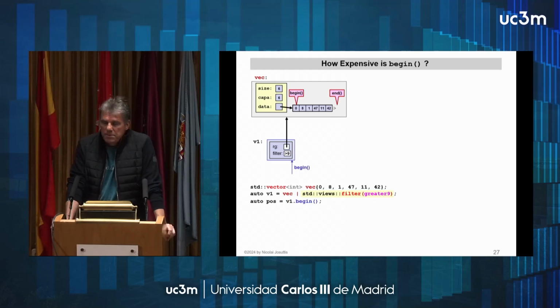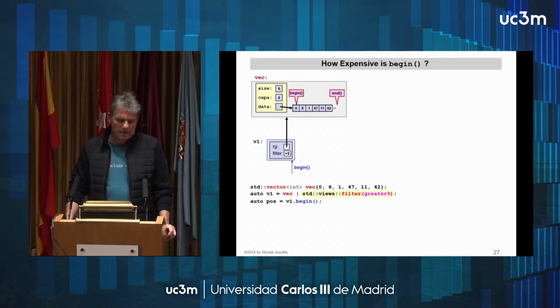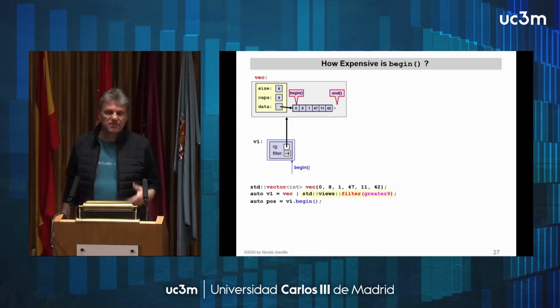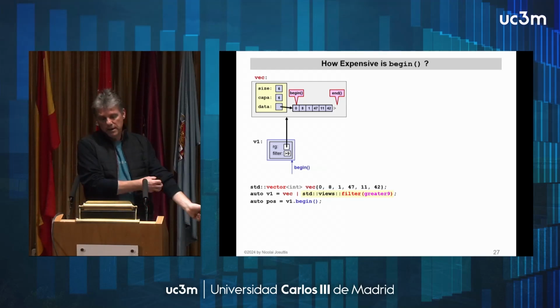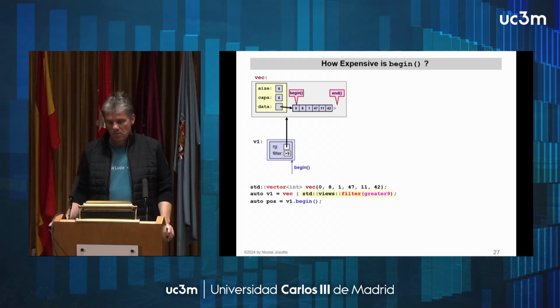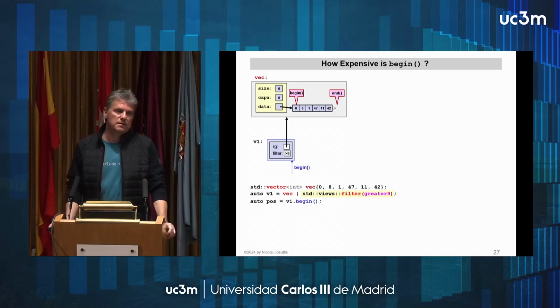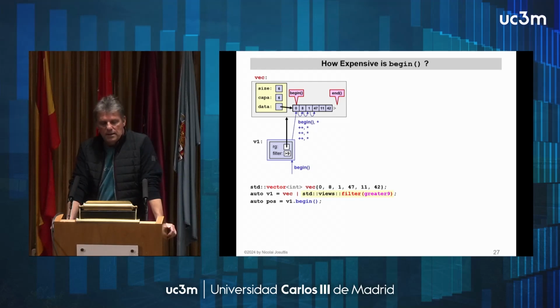So when we call begin, the following has to happen. Begin means that at the end of the call, asking the filter which one is the begin, the first element, means the filter has to find the first element that fits. And that means we call begin, but we look at each and every value to find out which one is the first element greater than 9.